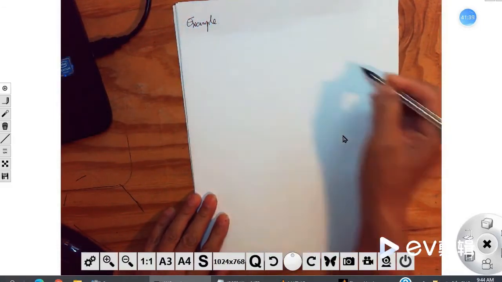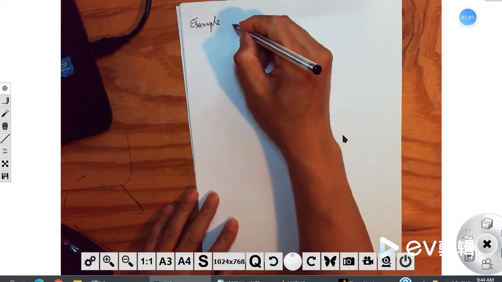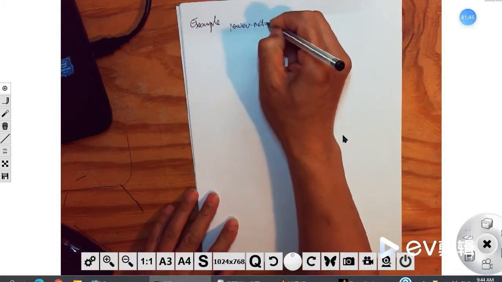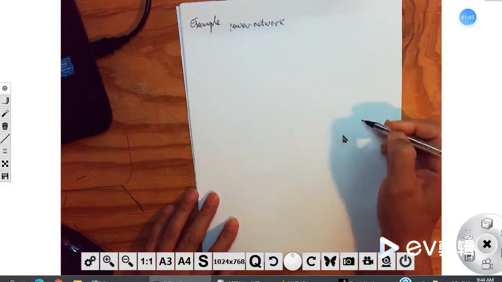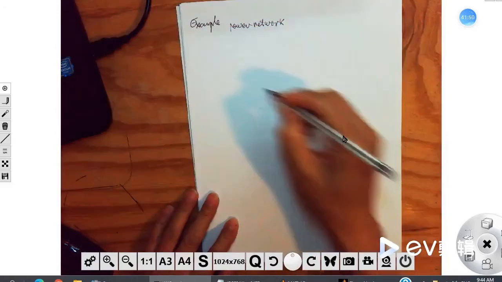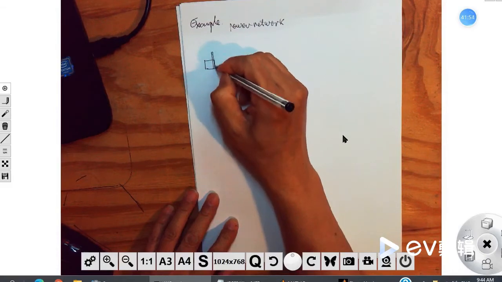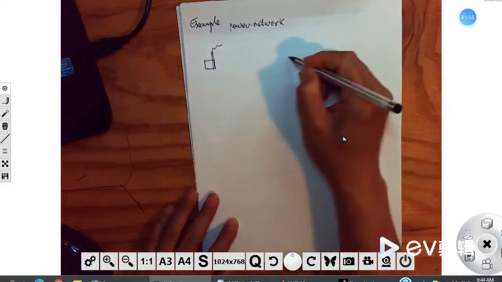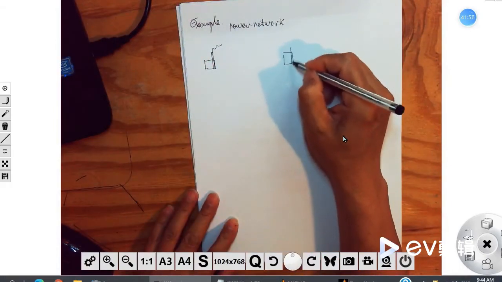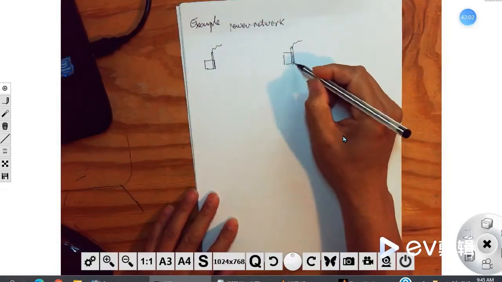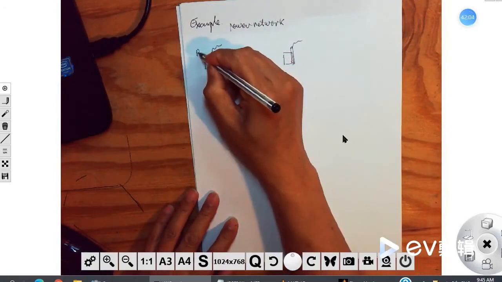Okay, we'll go back to the power network. Suppose we have two plants. This is plant 1, plant 2, power plants, creating power.